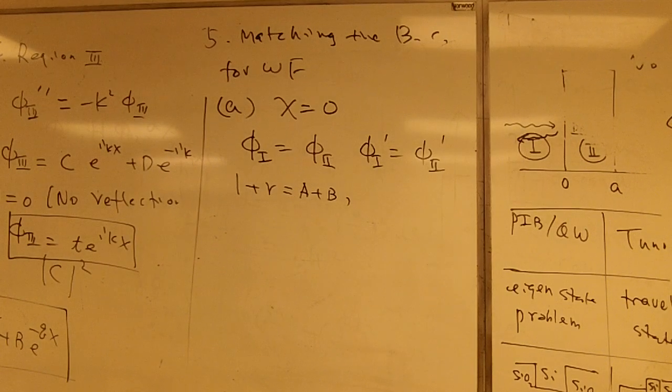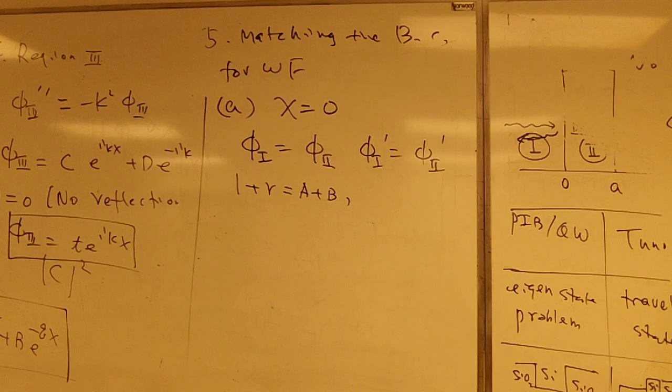So let's go back to this equation. If you take the derivative of this equation, you will end up with ik e to the ikx. When you take the derivative with respect to x, ik is coming down. The second term is similar, but negative ikx is coming down. So the lower equation is the derivative of the top equation.